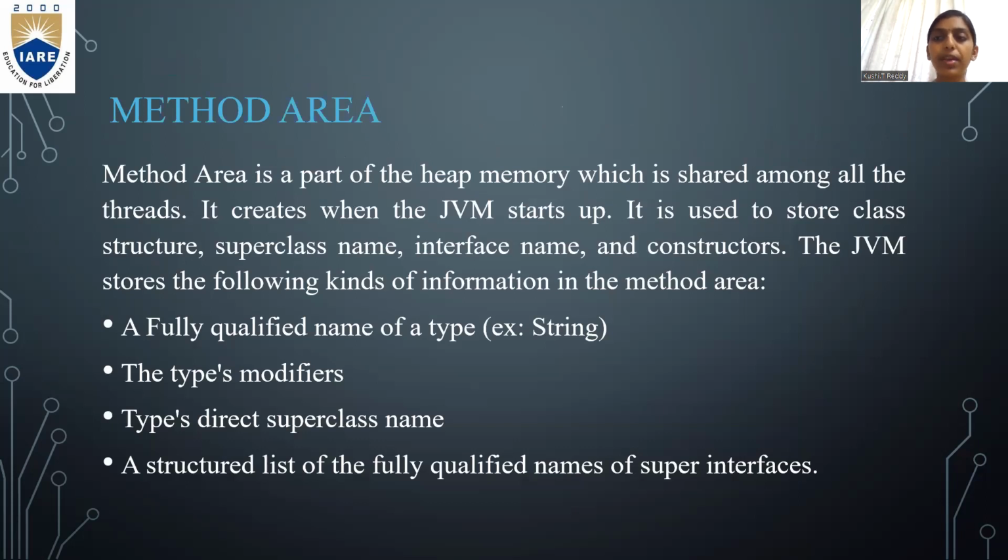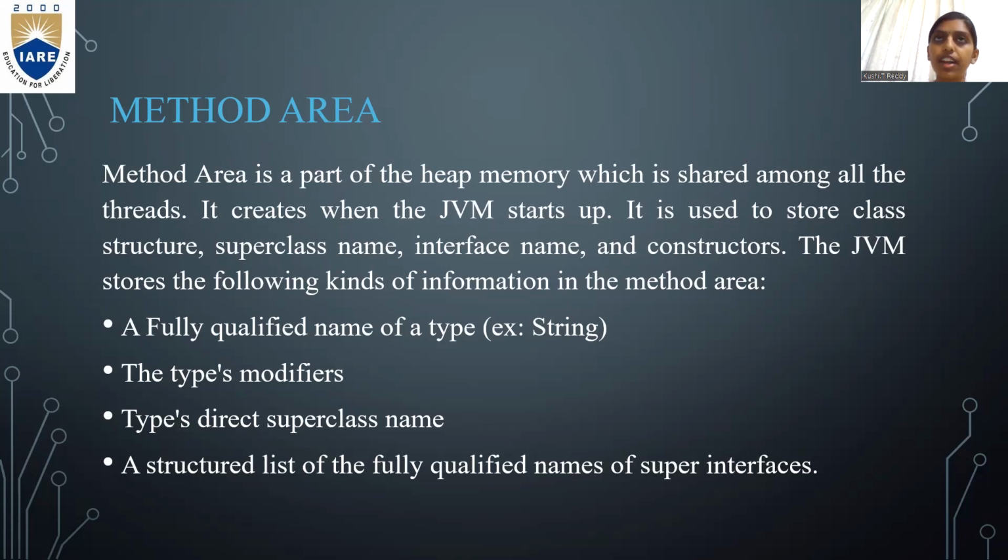First we'll look at the method area. Method area is a part of the heap memory which is shared among all the threads. It is created when the JVM starts up. It is used to store class structure, superclass name, interface name, and constructors. The JVM stores the following kinds of information in the method area. The first one is the fully qualified name of a type.